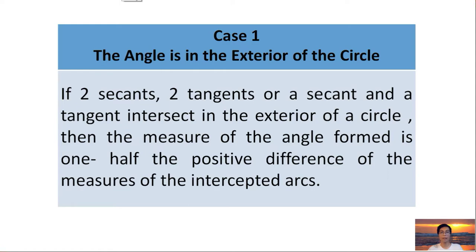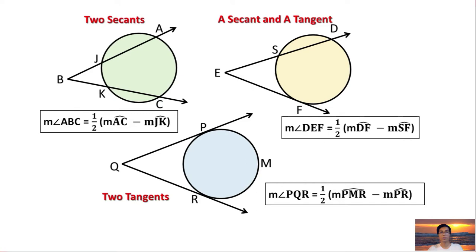So paliwanag natin to through this illustration. Dito dalawang secants ang nag-intersect, tama? So yung sukat daw ni angle ABC is equal to 1/2 the positive difference ng kanyang intercepted arc. So ano ba yung mga intercepted arc ni angle ABC? Ang intercepted arc niya dito ay isa is arc AC, tapos yung isa naman is si arc JK.